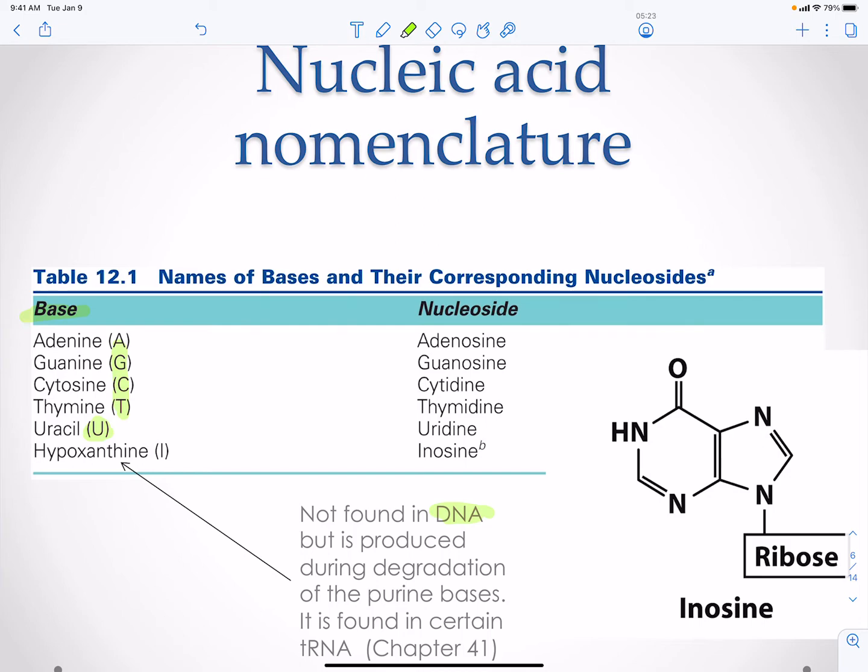So as the guanine and adenine get broken down and recycled, hypoxanthine is an intermediate. And the nucleoside equivalence for hypoxanthine is inosine. And this is an example of inosine here. And so hypoxanthine or inosine is a very important step in our recycling of our purine bases.